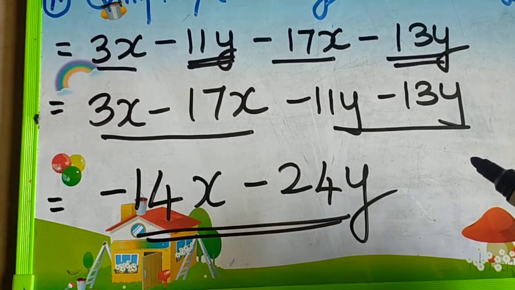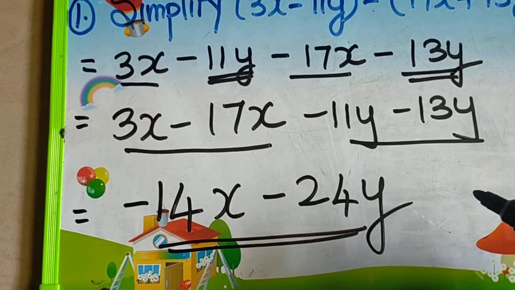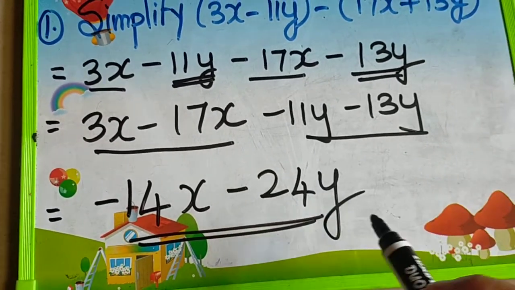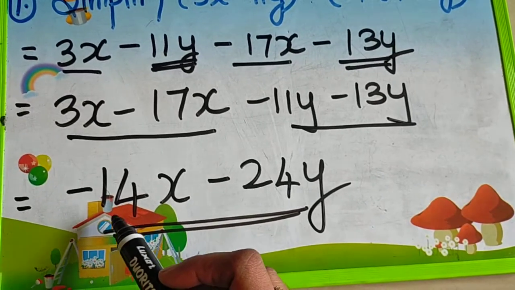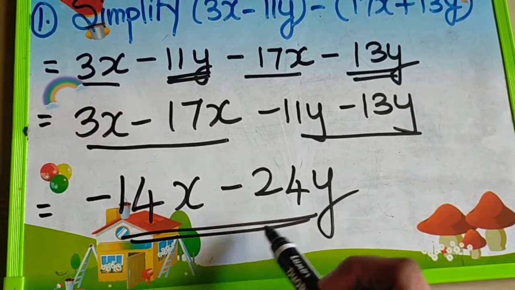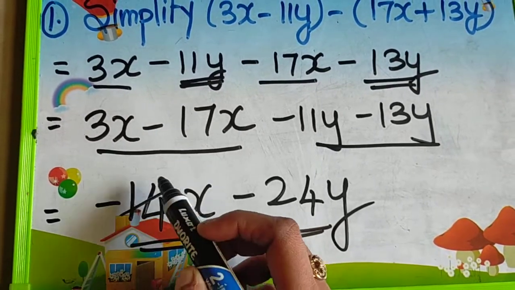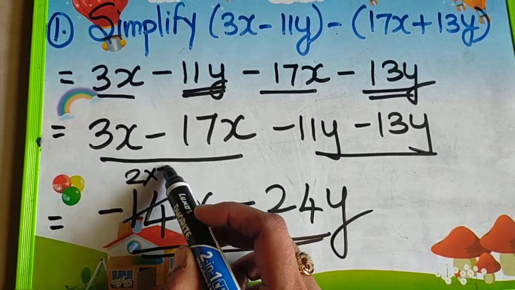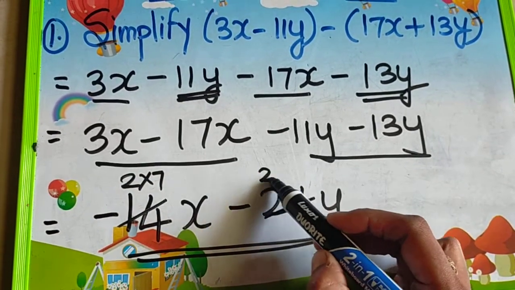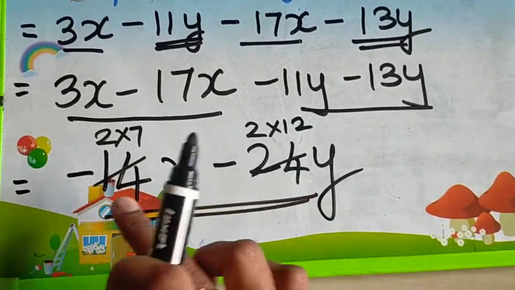But if you see in the options, this option is not there, so we have to think what we can do. Yes, you can see here 14 and 24, both the numbers are divisible by 2. So 14 we can write as 2 into 7, and this we can write as 2 into 12. Now what is common in both of them?